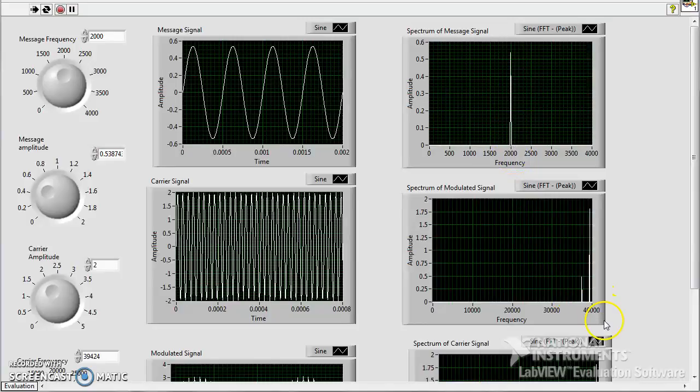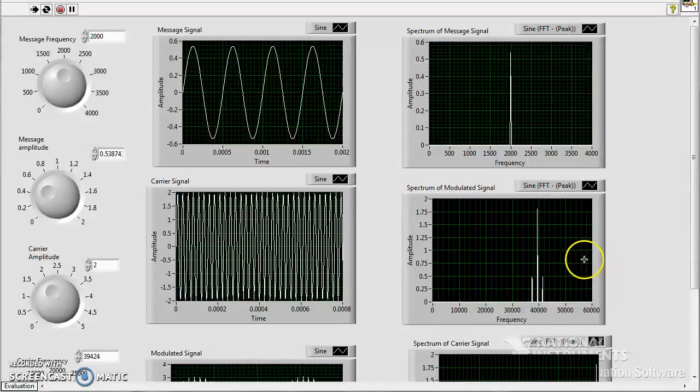Similarly, coming up with the spectrum of the modulated signal, let me just increase the scale over here so that we could observe the spectrum clearly. I have the carrier frequency fc component, which is 39,424, or let me make it exactly 35 kilohertz.